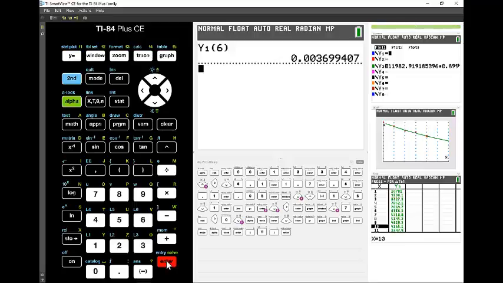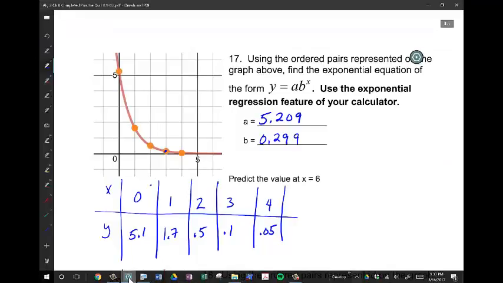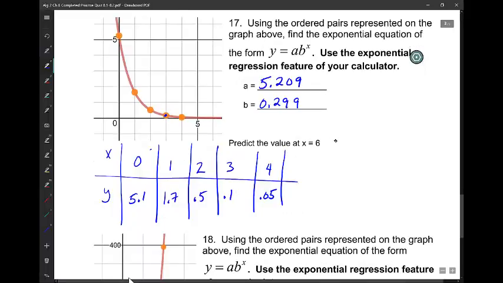And now you not only can get your answer, but you can get your answer much more accurately, reading 0.003699407. So I think that's going to be possibly a better method to finding our answers when we're trying to find other values. So my prediction of x equals 6, I'm going to say my prediction there is y equals 0.003699407.